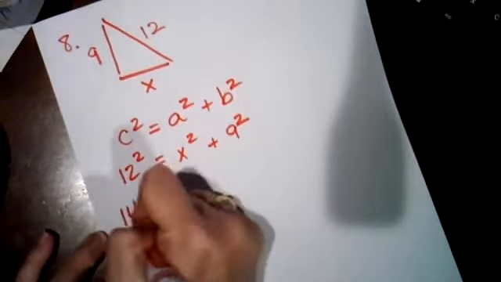Okay, I'm going to flip things around, so it's going to look like this. If you don't want to flip things around, that's fine. Okay, so then I'm going to pull 81 over here.